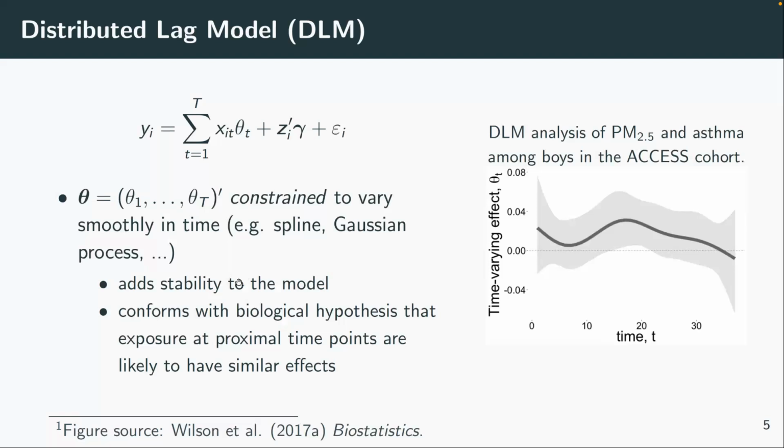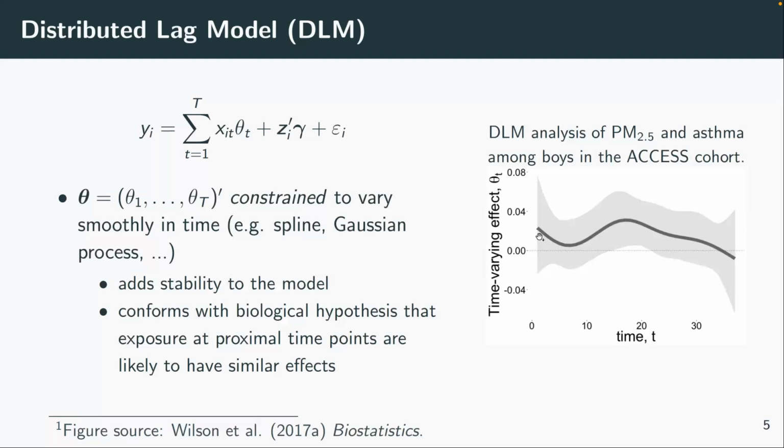And it also conforms with a biological hypothesis that exposures at proximal time points are likely to have similar effects. If we don't do this, what we sometimes see is that the effect in week 1 is positive, the effect in week 2 is negative, the effect in week 3 is positive, and we get this oscillating pattern, which is typical of collinearity in our models, but also probably not biologically plausible.